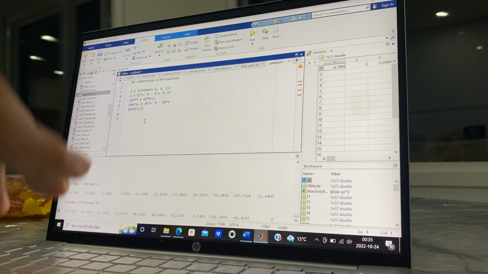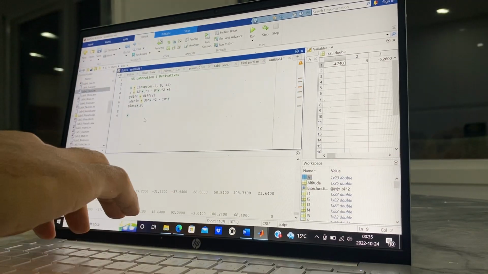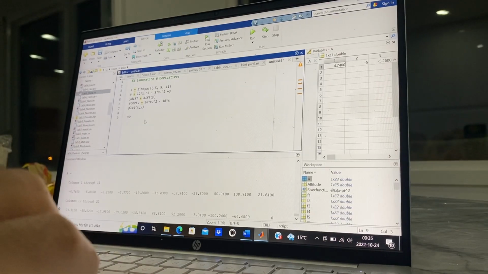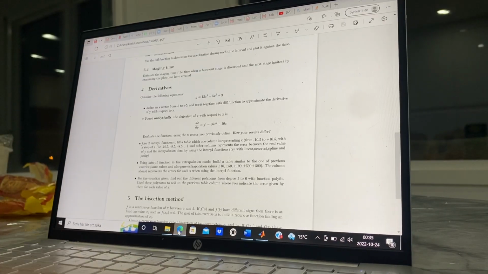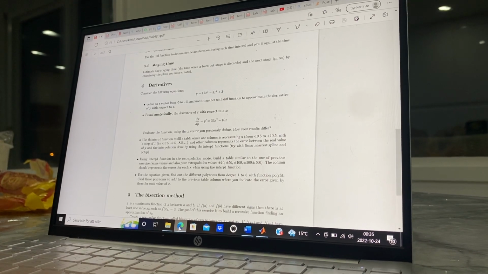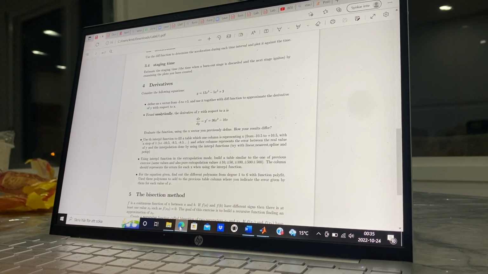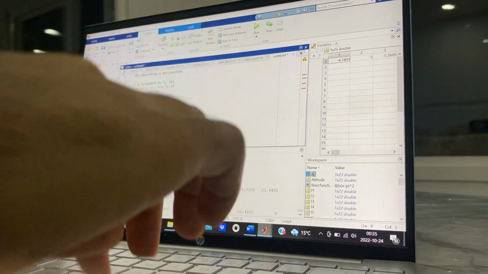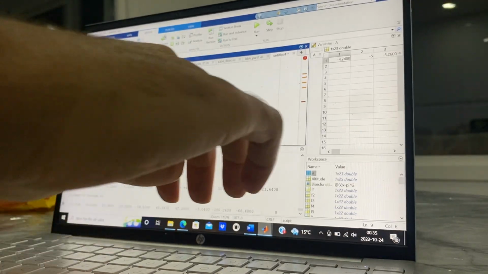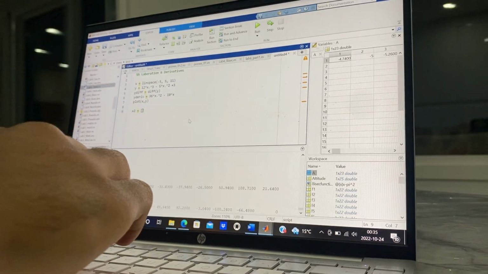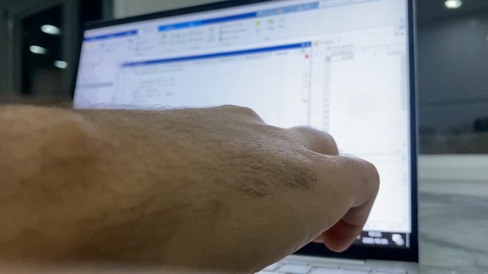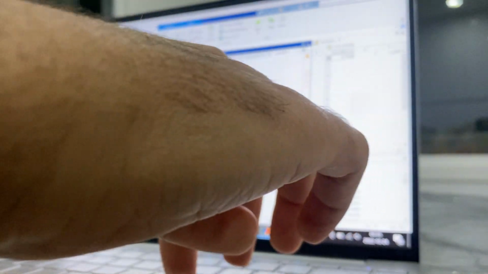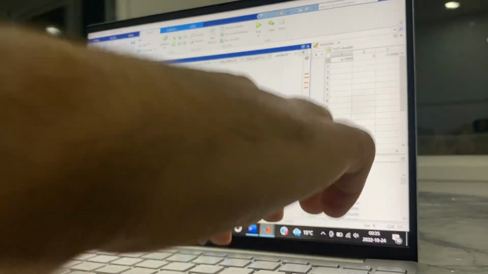I'm going to call this one x2 then. This column x2 equals minus 10.5 colon 10.5.